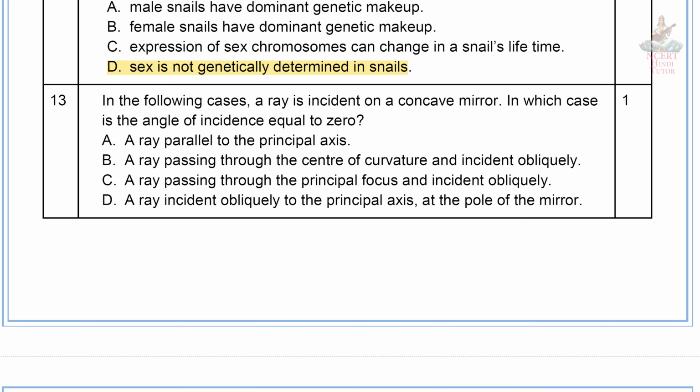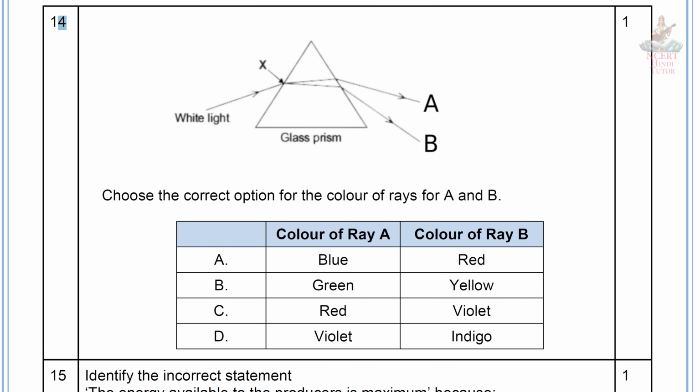Question 13. In the following cases, a ray is incident on a concave mirror. In which case is the angle of incidence equal to 0? Answer B, a ray passing through the center of curvature and incident obliquely. Question 14.